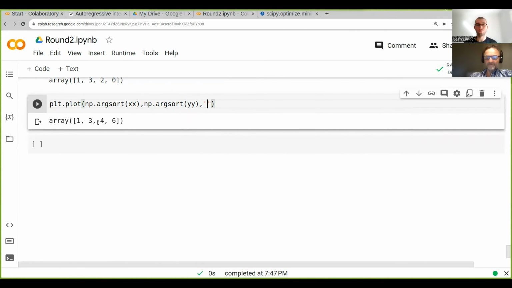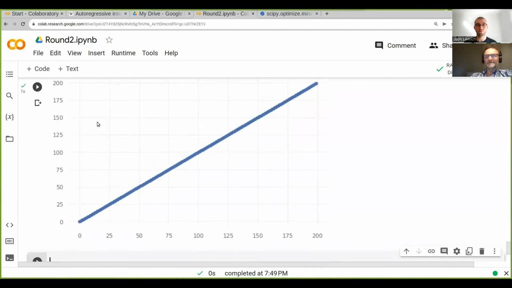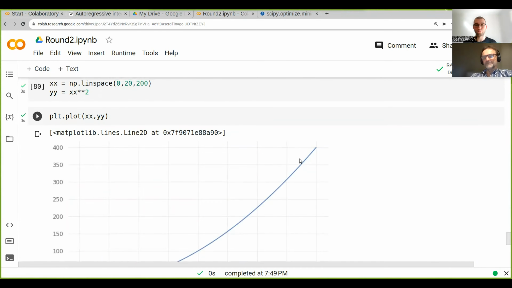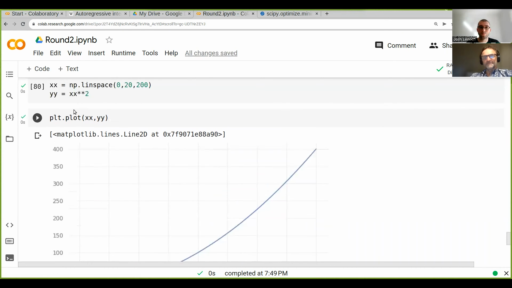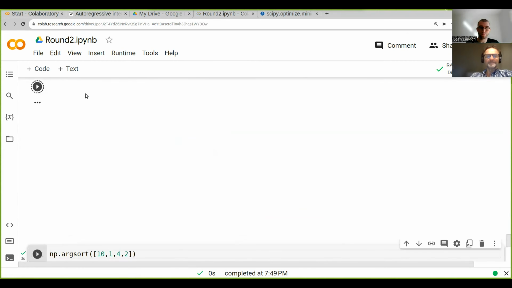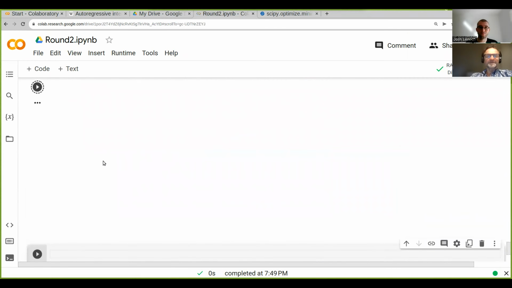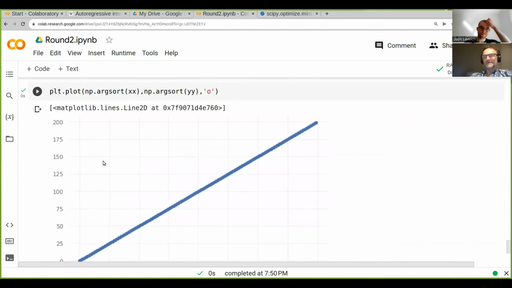If we plot this, what we're basically getting is a perfectly linear relationship. We don't even know what the relationship here is between x and y. It could be x to the power of 3, or it could be, let's say, square root x, or x to the power of 0.5, right? And yet, if we plot this, we still get a linear relationship.